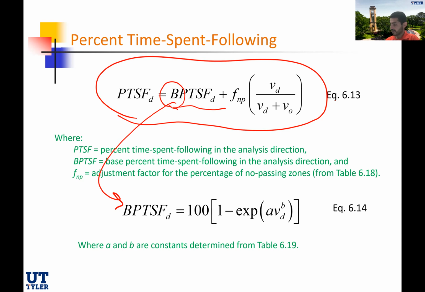The examples that I really want you to understand and follow really well are examples 6.6 and 6.7. This is from the fifth edition.